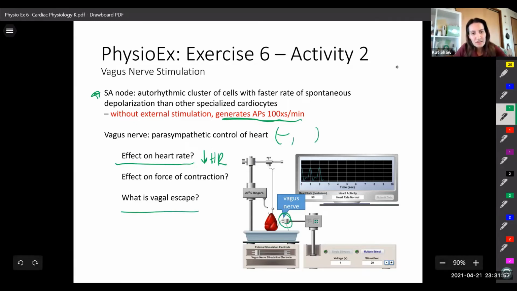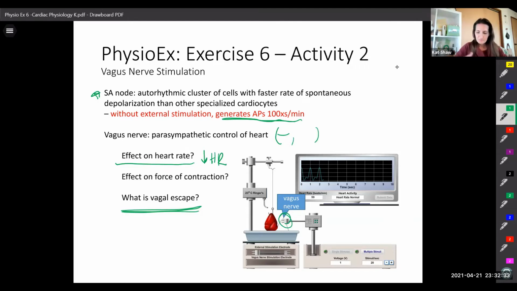The concept of vagal escape is described here in this section, in this activity, but you don't actually do anything in the manipulation regarding vagal escape. It's just mentioned here. And that's just a useful concept to note. We talked about it briefly when we were working with the heart cells, the specialized cells and the contractile cells, when we were discussing how the parasympathetic and sympathetic division influences those SA nodal and AV nodal cells.